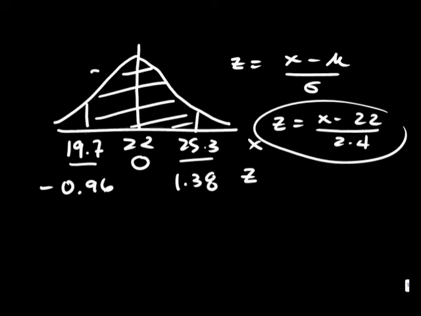We are going to use our z-table to determine the percent of the bell that's shaded between negative 0.96 and 0, this left side, and between 0 and 1.38, the right side.